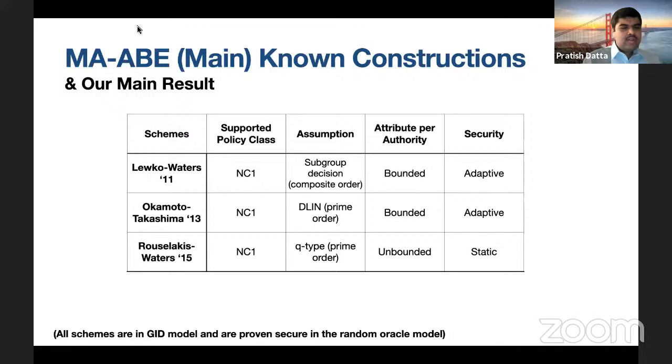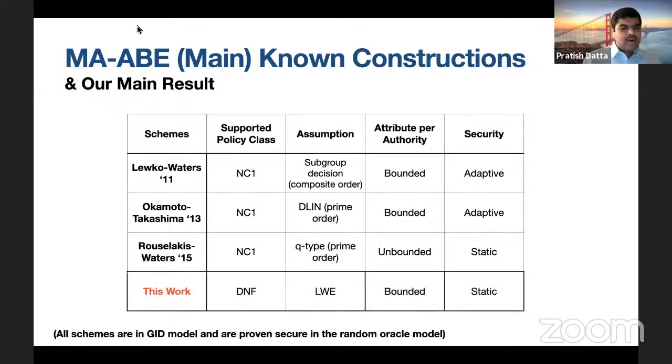And importantly, all these schemes are designed in a model called the global identifier model, or GID model, which identifies each user in the system by means of some unique identifier. For instance, you can consider the social security number to be a unique identifier of a user. And all the schemes require random oracles for their security. And as you can see, all the schemes are in the bilinear map setting.